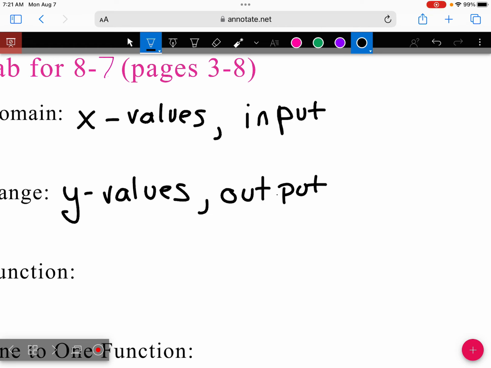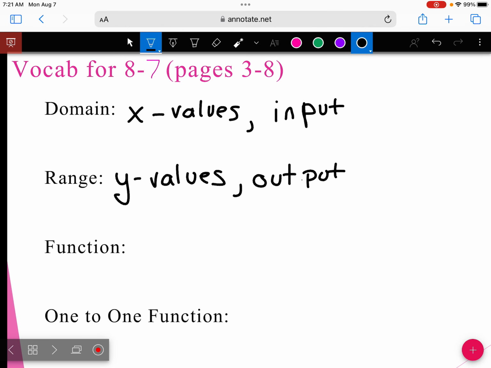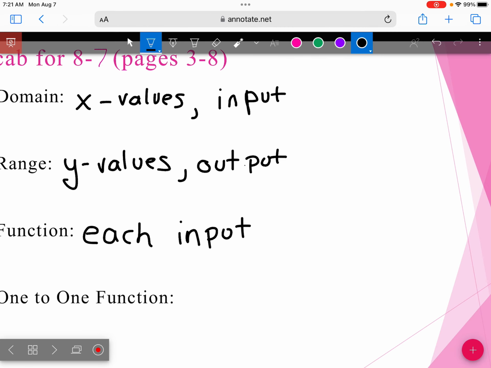A function means each input has only one output. Each x leads to only one y. Each input gives only one output.